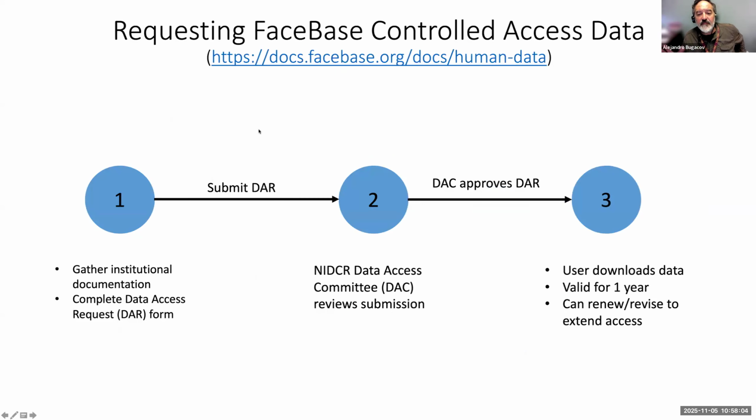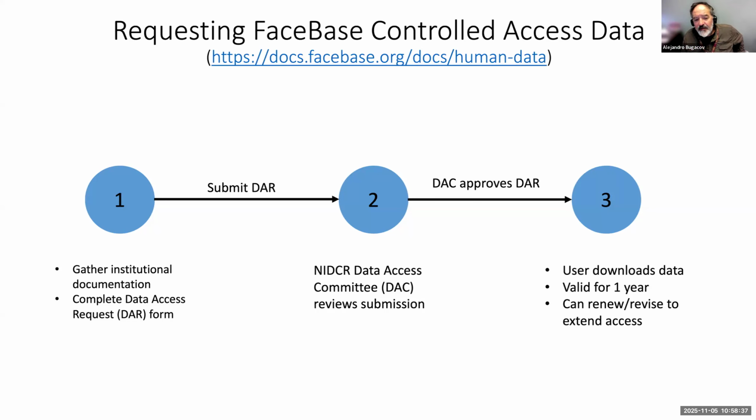It's basically a simple, few-step process. First of all, you need to gather some institutional documentation. That's probably the most time-consuming for you, to be honest. Then you need to go to our site, and I'm going to show you a little bit of that now. Complete this form, an online form that we call DAR, the data access request. Enter all the documentation, upload some of these files with the institutional documentation.